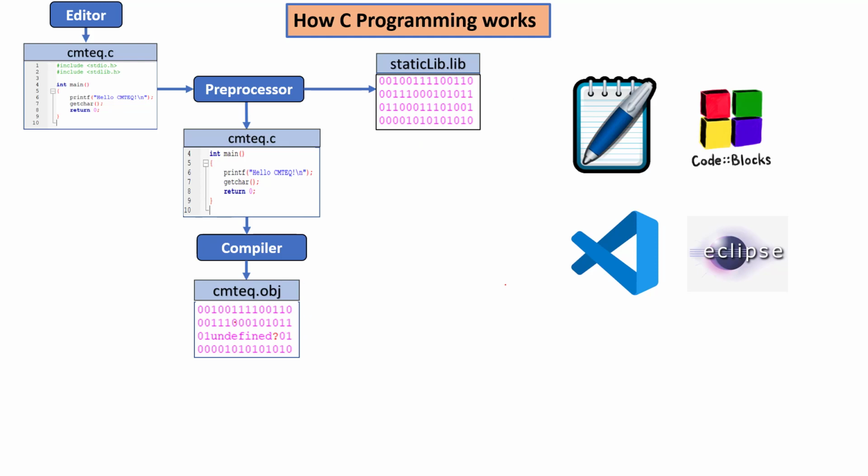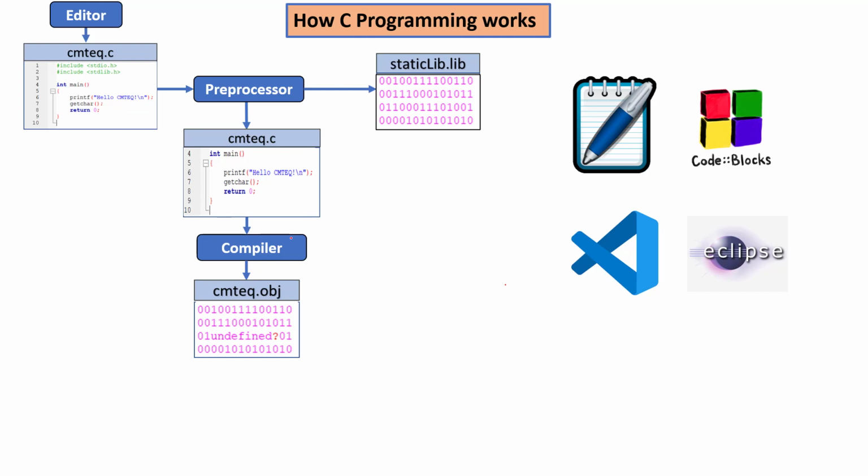Except this one here has some undefined references, as you can see. These undefined references are precisely the directives that have already been taken by the preprocessor and compiled into a static library.